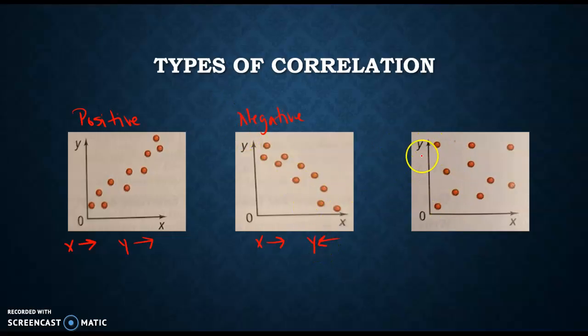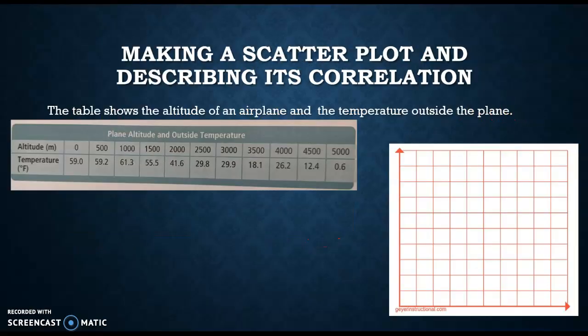Now, this third one, as X increases, Y is all over the place. So this is what we call no correlation. And so that's the basics about correlation.